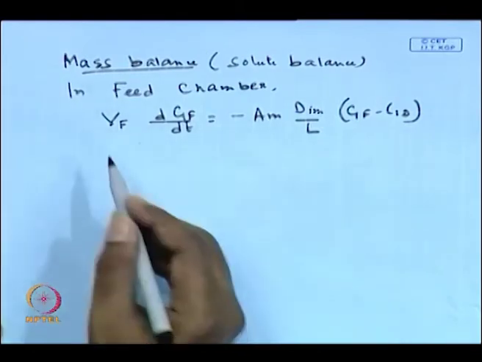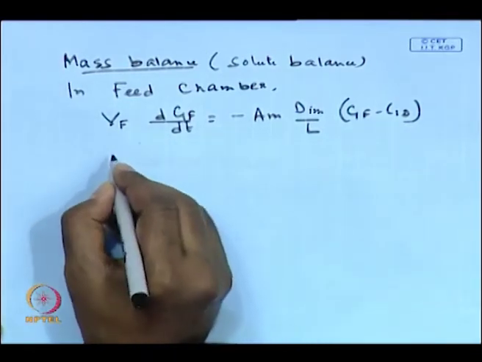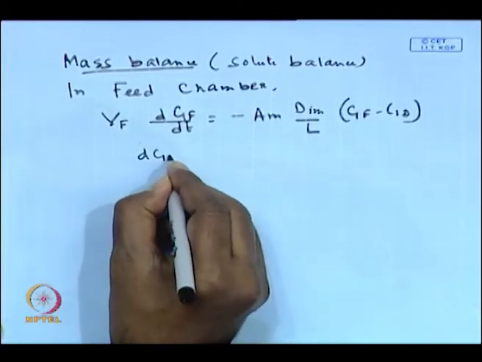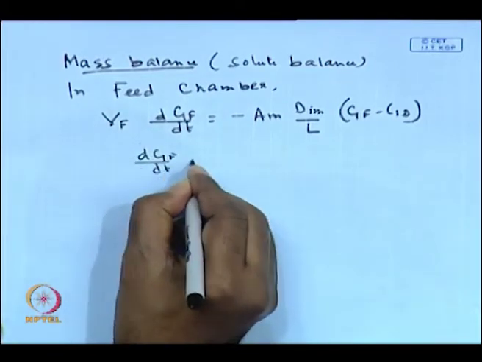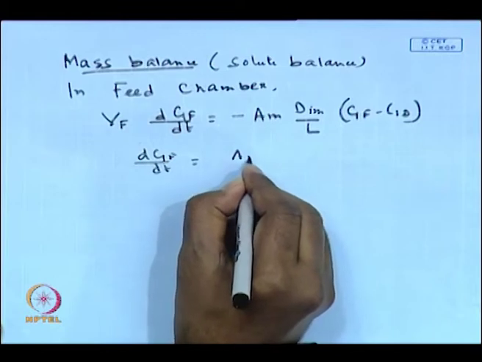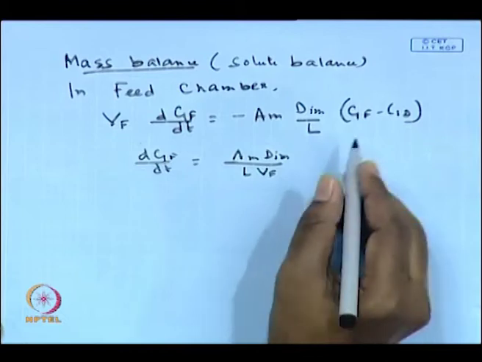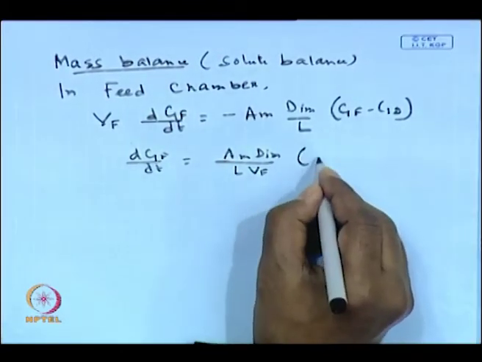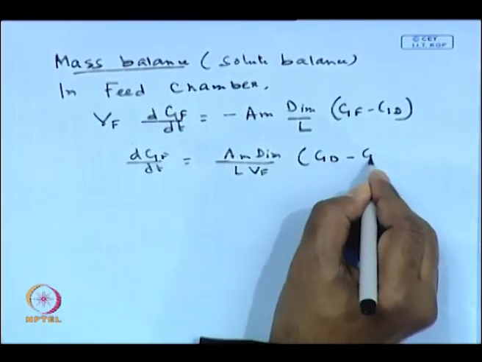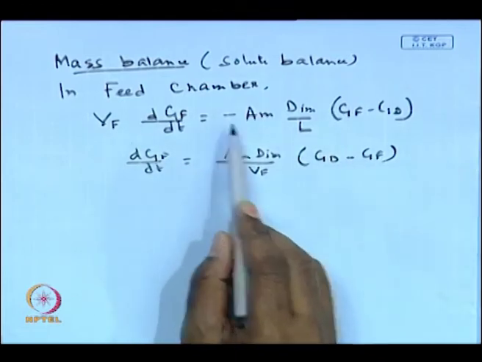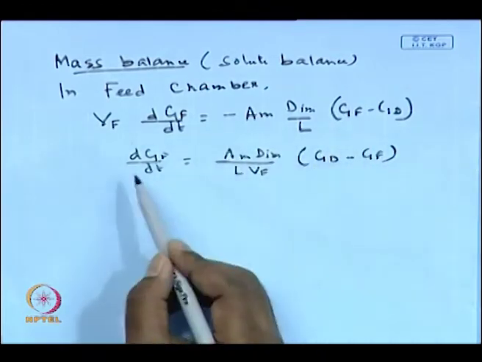This equation can be rearranged as dC1F/dt is equal to Am Dim/(L Vf) times (C1d minus C1F). The minus sign is absorbed within the bracket.